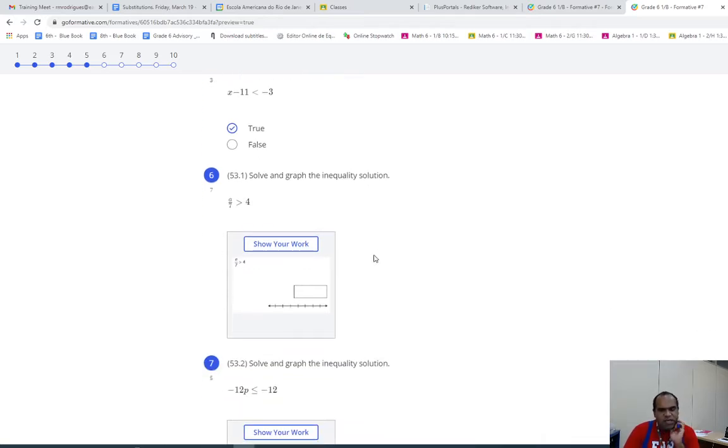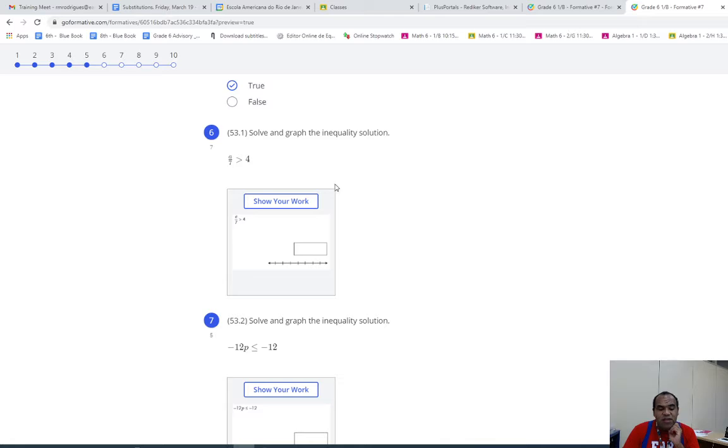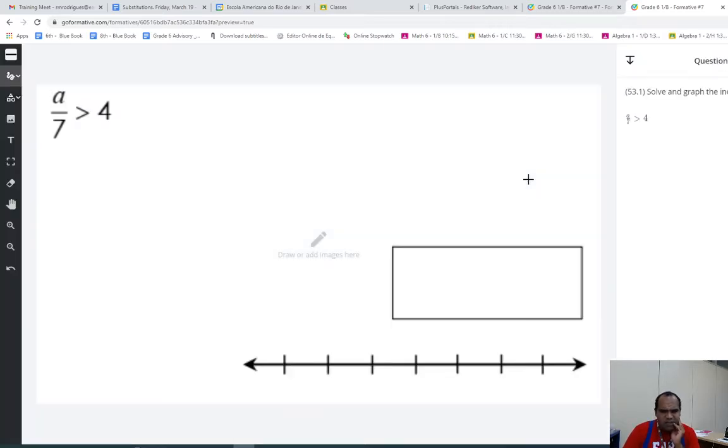Great. Number 6. Solve and graph. Let's solve and graph right now, guys. How do we solve this, Mr. Romeo? How do we graph? Let's do it. a divided by 7 is greater than 4. Where is the variable? Here is my variable, a. What is the math operation tied to the variable?